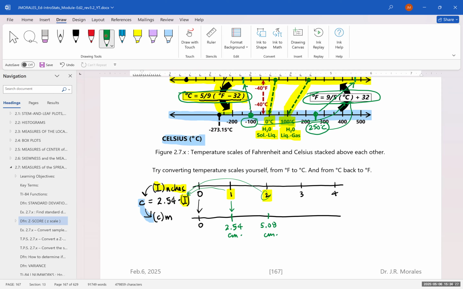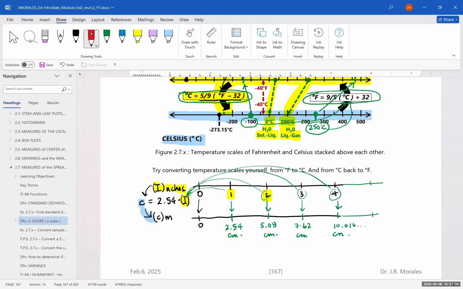If we do the same thing with 3, 3 times 2.54 will give us 7.62 centimeters. And if we plug in 4, 4 times 2.54 gives us 10.16 centimeters. We could keep going to our heart's content, but I think you get the idea.